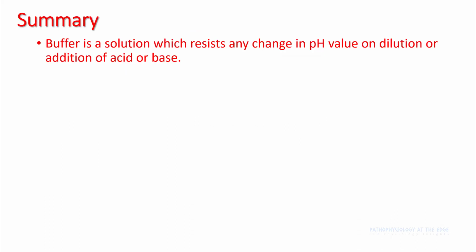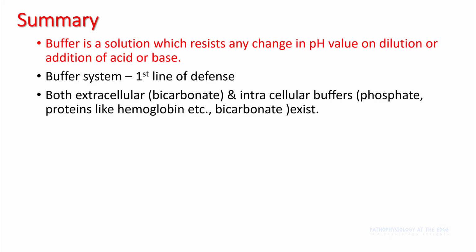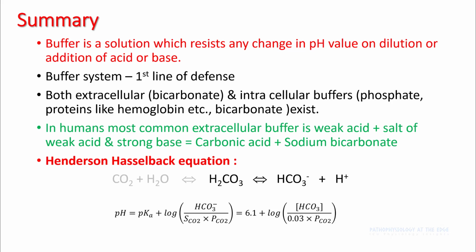So in summary, a buffer is a solution which resists any change in pH value on dilution or on addition of acid or base. The buffer system is the first line of defense against changes in pH, and you have both extracellular and intracellular buffers. The extracellular buffer is your bicarb, and your intracellular buffers are phosphate and proteins like hemoglobin, though some form of bicarb buffer also exists intracellularly. In humans, the commonest extracellular buffer is a weak acid plus salt of weak acid and strong base, that is your carbonic acid and sodium bicarb.